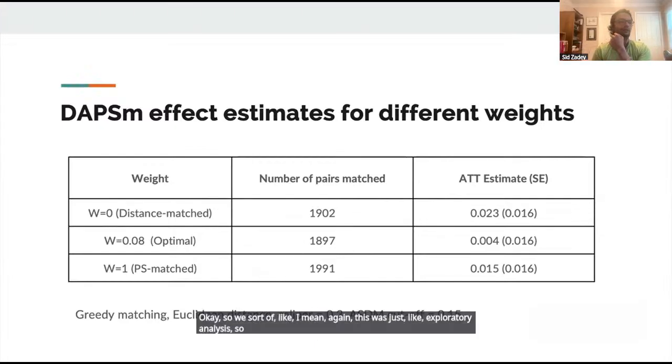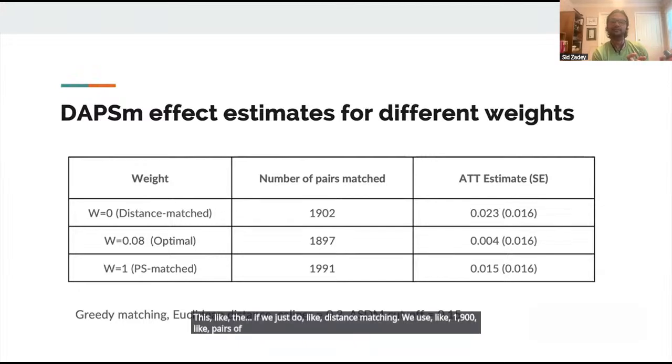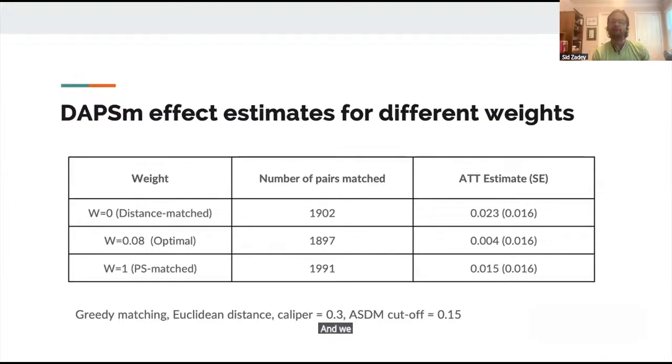Okay. So again, this was just exploratory analysis. We looked at if we just do distance matching, we use like 1900 pairs of intersections, and we get an average treatment effect among the treated of 0.23. So that's 23 fewer injuries per 1,000 intersection years.